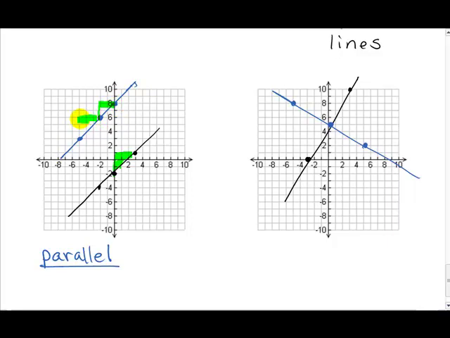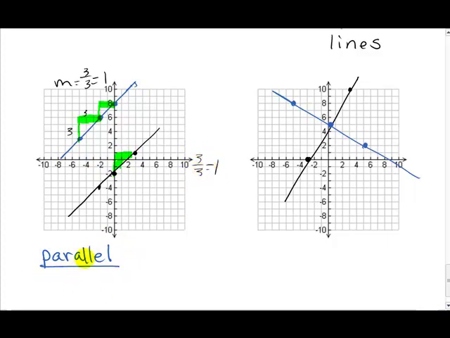Anywhere you want to go, when you do your rise over run here, you've got 3 over 3 at that point, so it equals 1. Here the same thing, 3 over 3 equals 1.